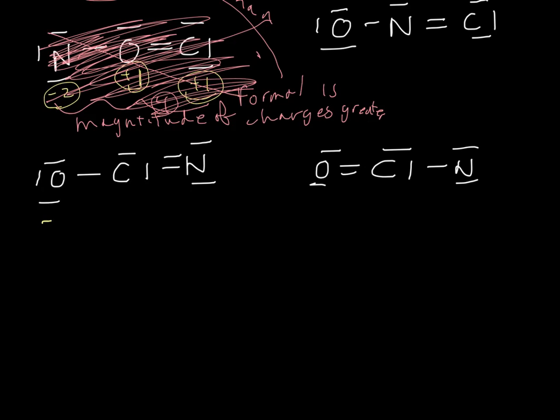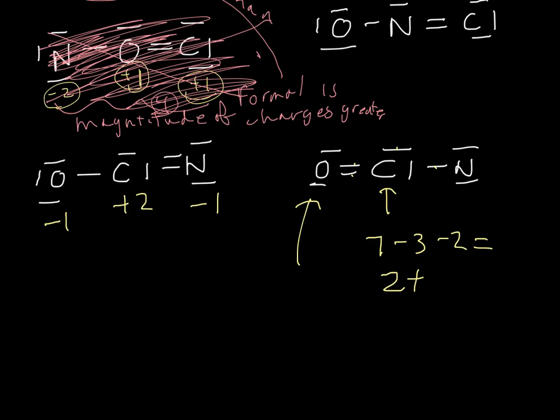So we had +2, -1, -1. We look at our neighboring structure over here, and our chlorine is going to be the same, again for the same reason. 7 valence electrons, 3 bonds, 1, 2, 3. 2 unpaired electrons. So it's going to be positive 2 for our chlorine again.